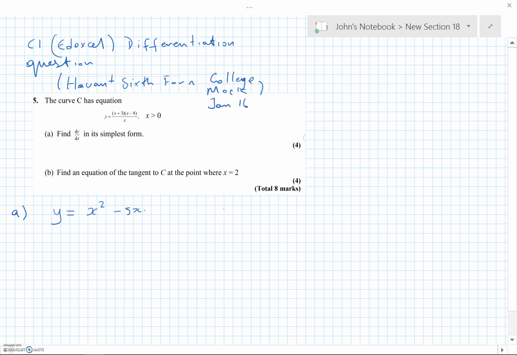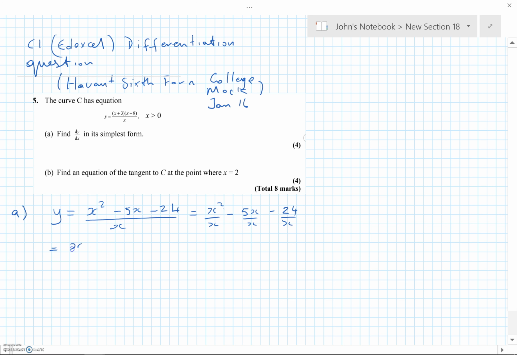And then we get minus 24, all over x. Now probably we can deal with this in a number of ways, but I like to just split it because it's easier to see then. Because it's got a common denominator of x, we can split the fraction up in that way.